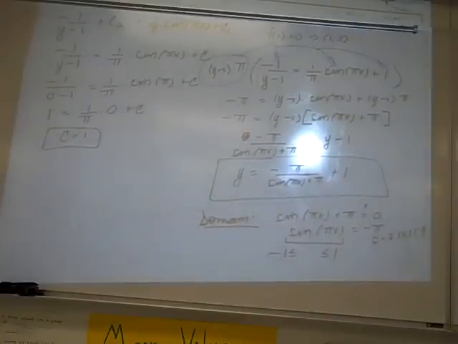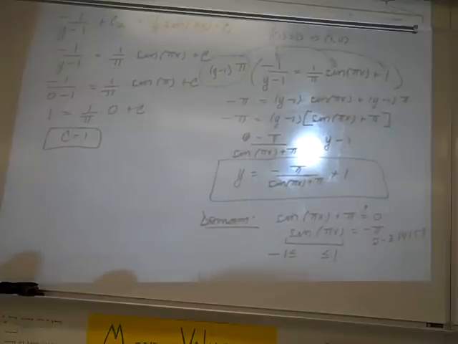There is no value of x that is going to make this expression on the left equal negative pi. Since this can't happen, then that means that my denominator can never equal 0. If my denominator can never equal 0, then I actually don't have any domain restrictions. So my domain would finally be all real numbers.